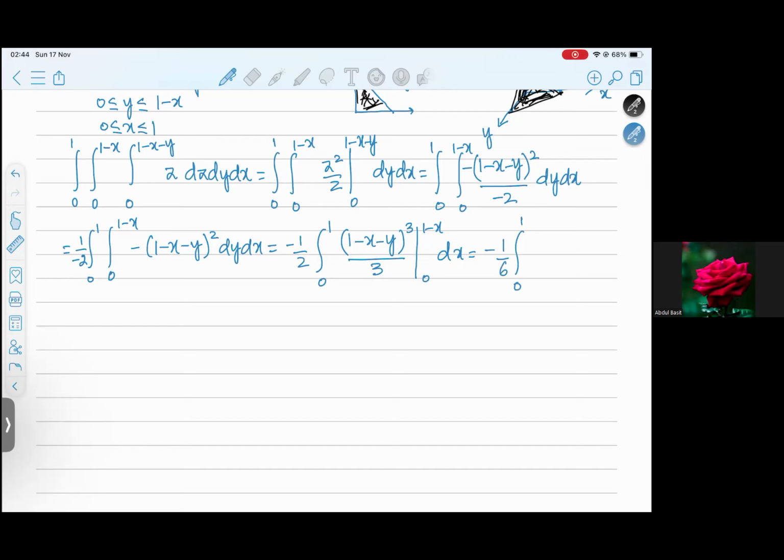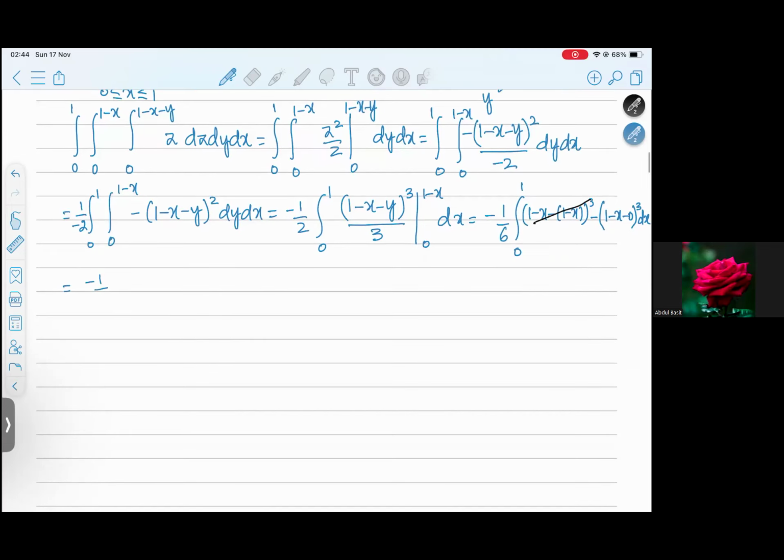If I plug in y is equal to 1 minus x, 1 minus x minus 1 plus x, and minus, if I plug in y is equal to 0, 1 minus x minus 0 whole cube, dx. I can clearly see that the first goes to 0, because 1 minus x minus 1 minus x is equal to 0.